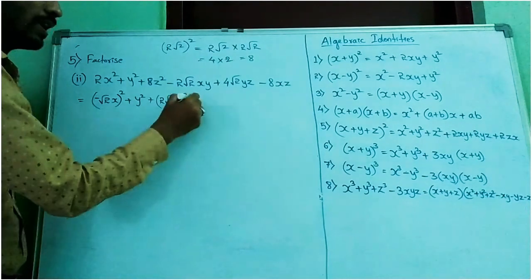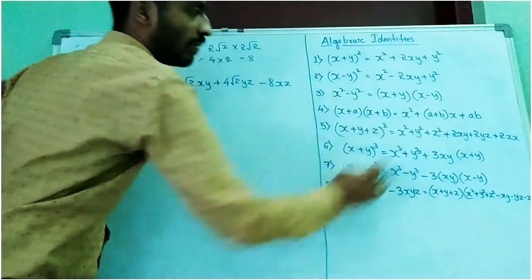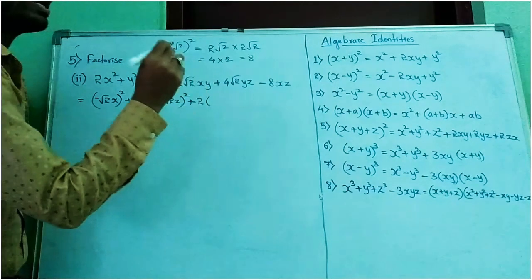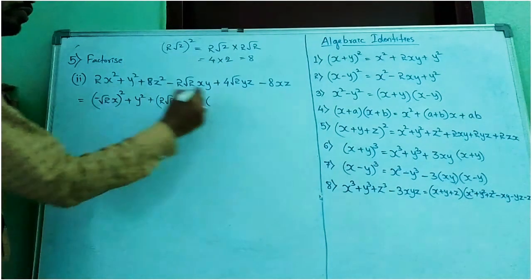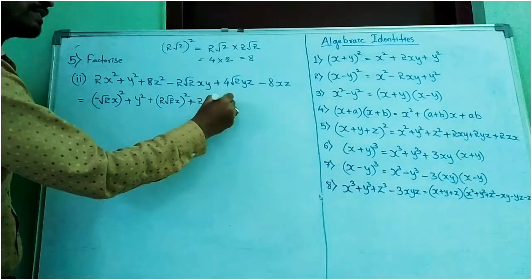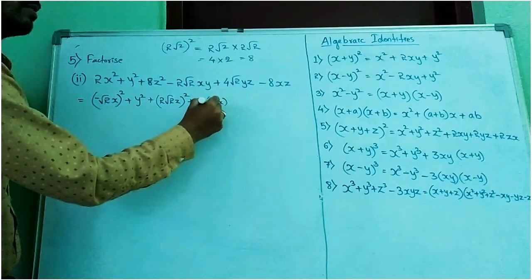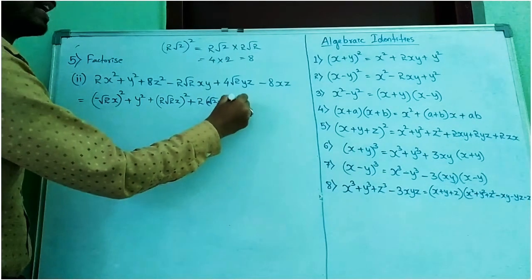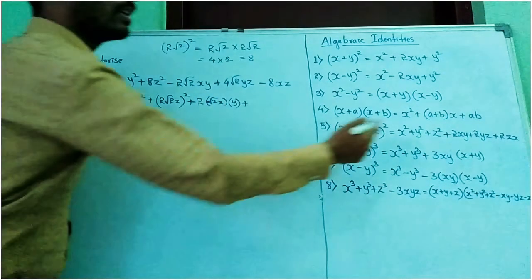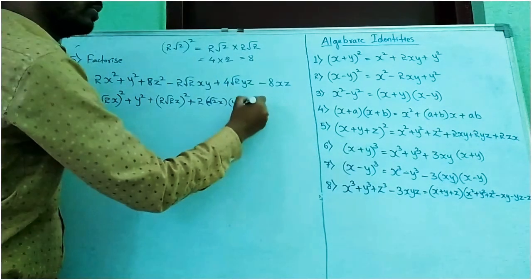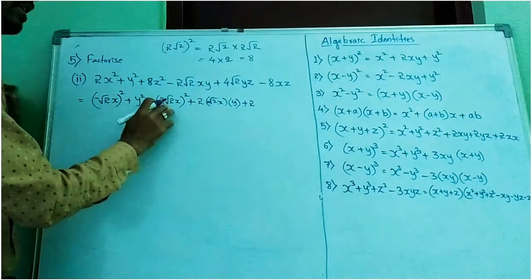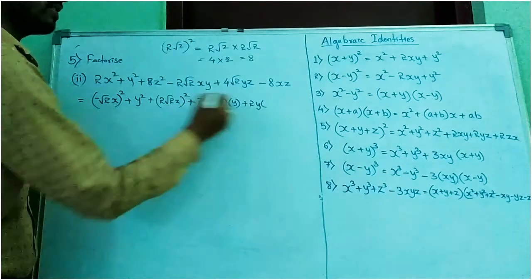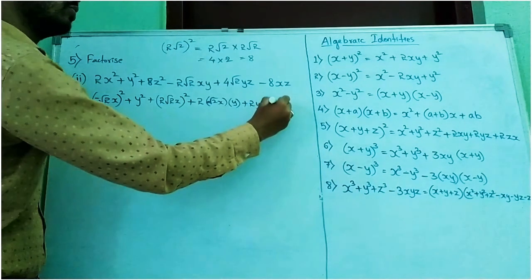Now plus is there, because in our identity plus is there. 2 is multiplying 2xy. What is x? Root 2x with minus, y is there, keep it like that only. Plus 2yz. So 2 into z is, y is already y, and z is what? 2 root 2.